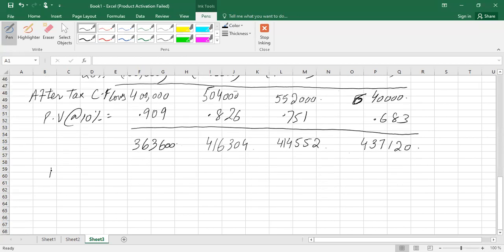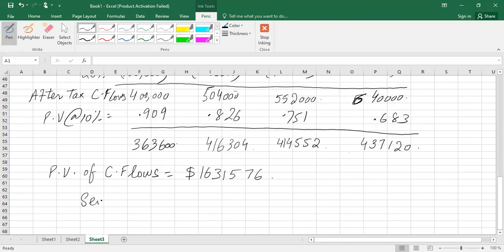So now we will calculate the present value of cash flows, which is equal to the sum of all these values. It is 1,631,576. These are the present value of cash flows.